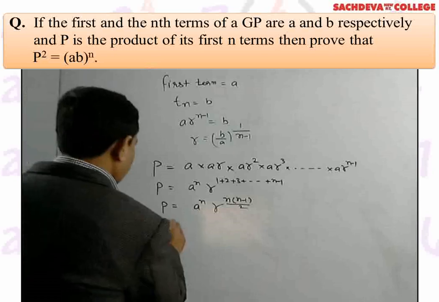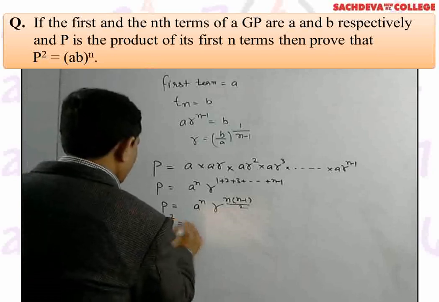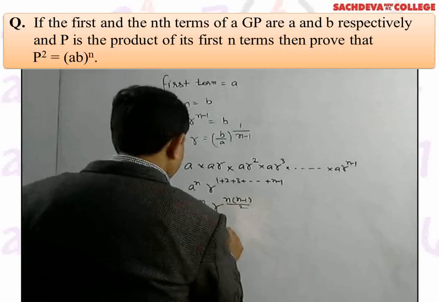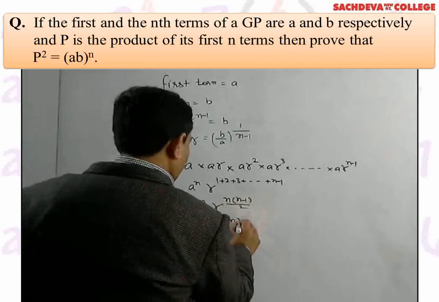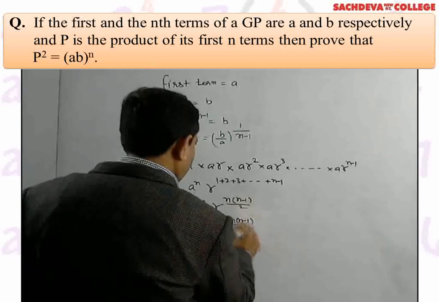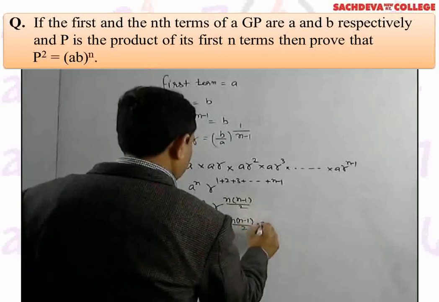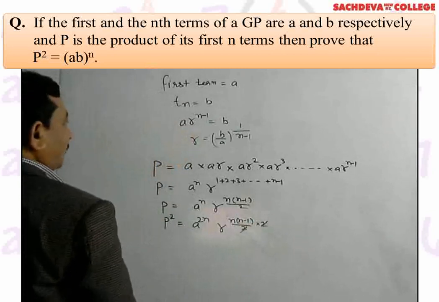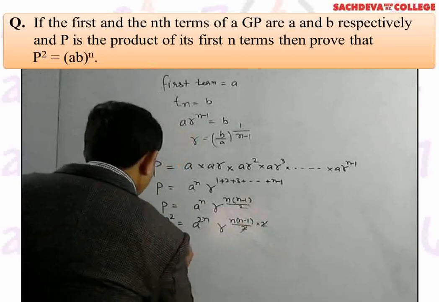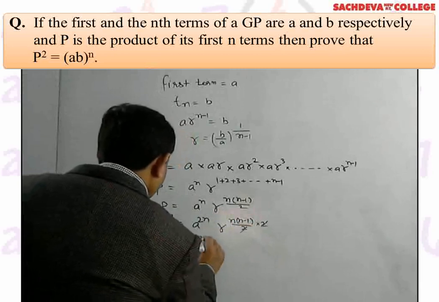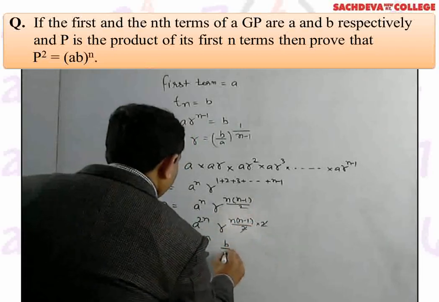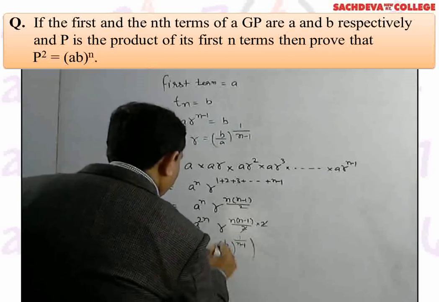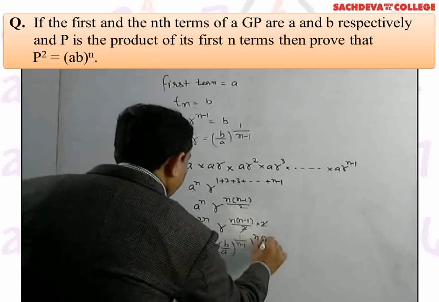So P squared will be equal to A to the power 2n into R to the power n into n minus 1 by 2 into 2, or this cancels by this. Now on putting the value of R here, P squared is equal to A to the power 2n into (B upon A) to the power 1 upon n minus 1, all to the power n into n minus 1.